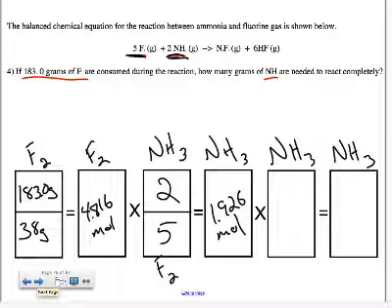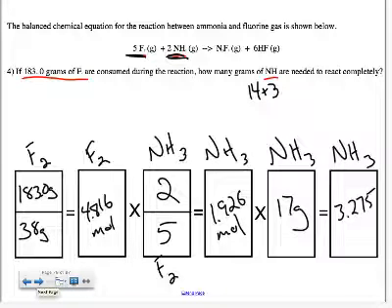And the molar mass of ammonia is nitrogen, which is 14, plus 3 hydrogens, which is 3, so 17 grams. That gives you 3.275 grams of ammonia, rounding to 4 significant figures because our starting number over here had 4 significant figures.